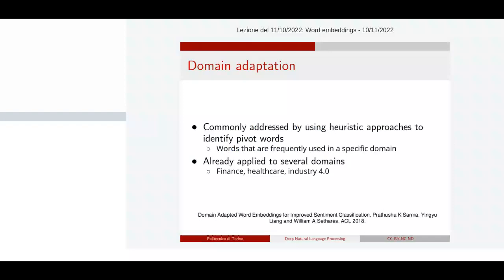So you take a snapshot before and after, and you see what has changed. What changed are the coordinates of the pivot words. So there are two different approaches. You can either discover the pivot words in an unsupervised way, or rely on some supervised model where some domain expert has told you, okay, these are the words that are most relevant to this domain.